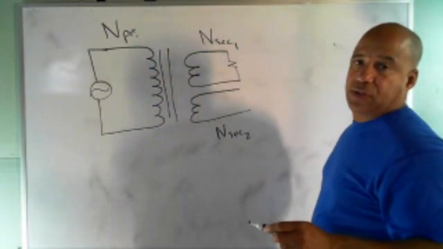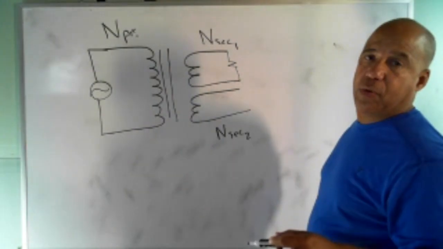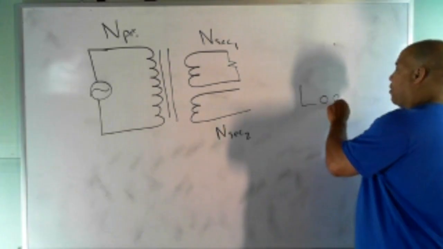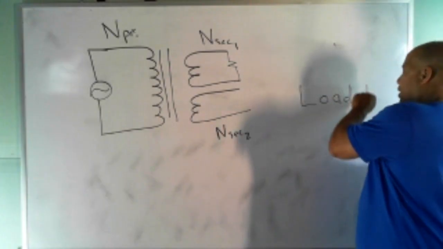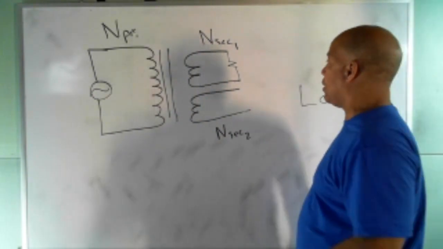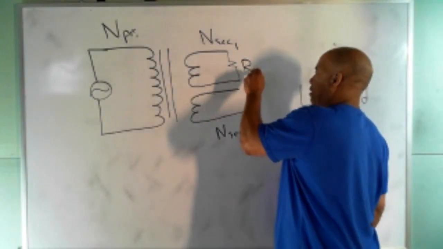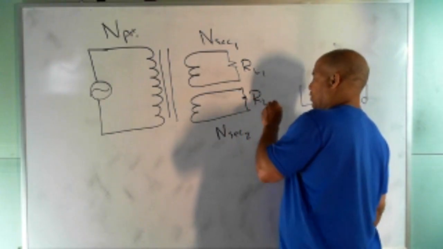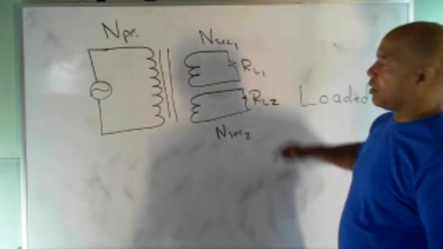When you hook a resistor to the secondary side of a transformer, we say the transformer is loaded. A loaded transformer just means you have resistors hooked to the output. The output is the secondary coil. So let's say you have a low resistor 1 here, and a low resistor 2 here. So these are loaded.